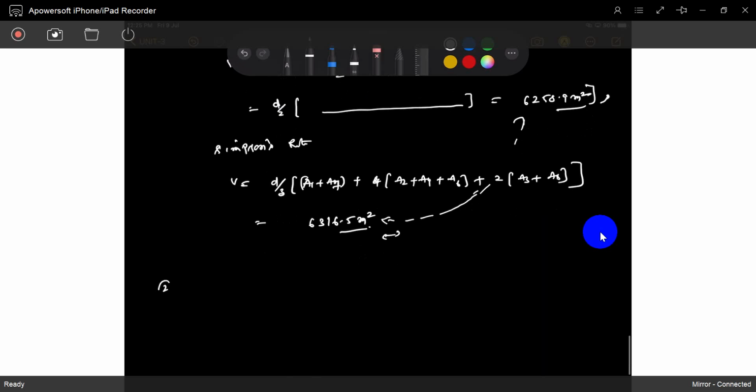Now if you give some problem, just a very small introduction problem: find out the volume of earthwork in a road cutting 120 meters from the following data.